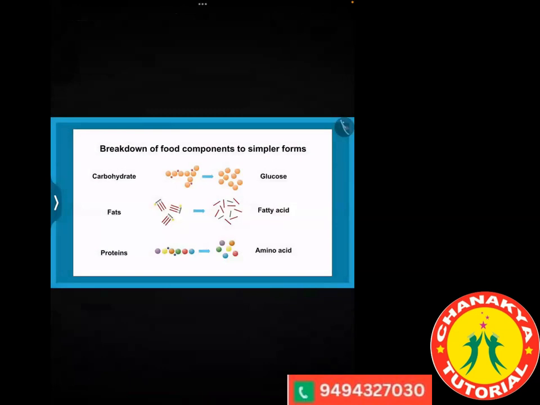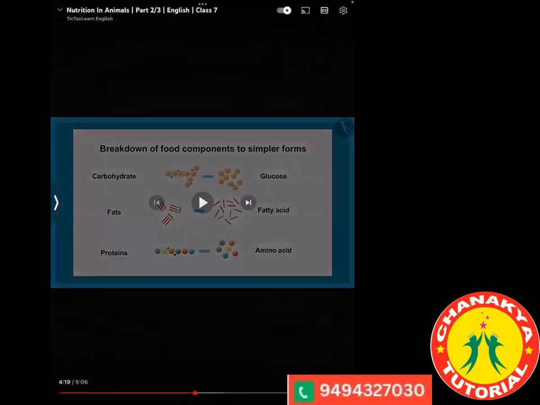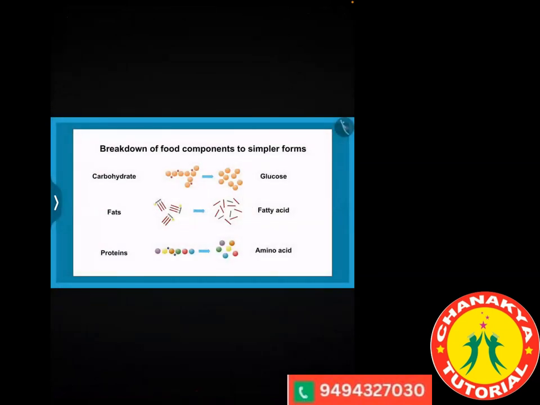Carbohydrates at last will be converted into glucose. The fats will be converted into fatty acids and cholesterol. And the proteins will change into amino acids. We can see that carbohydrates break down to form glucose, fats to fatty acids, and proteins to amino acids.